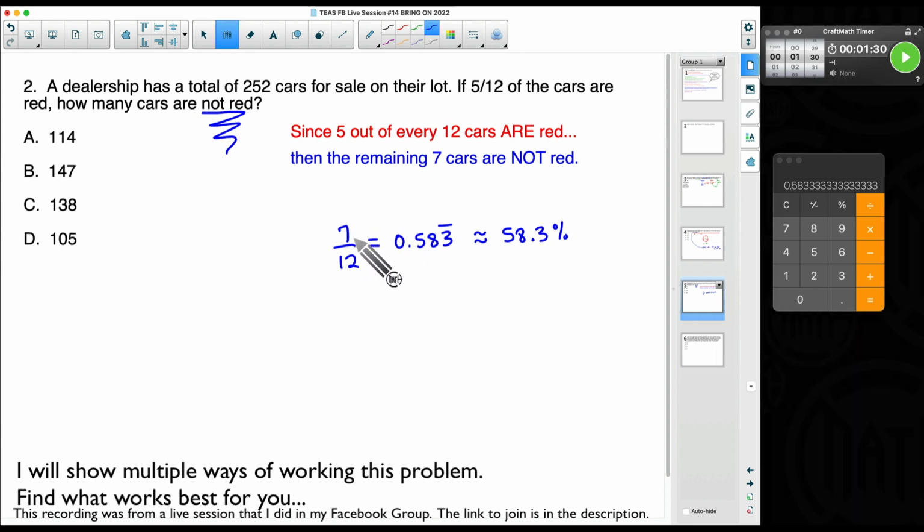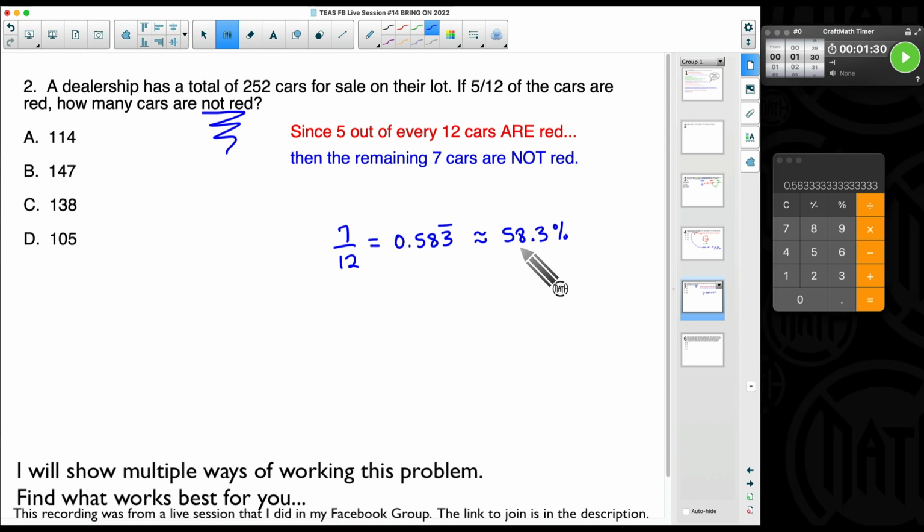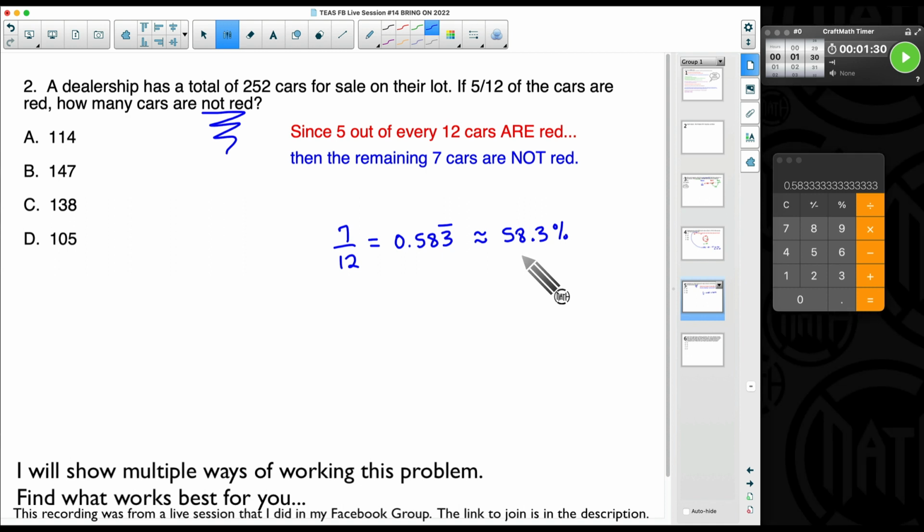Think about this, y'all. 7 out of 12. 7 is a little bit more than half of 12, which is why we have a little bit more than 50% of the cars. 58.3%. Now, where am I going with this? Here's a fast way. I took 7 divided by 12.